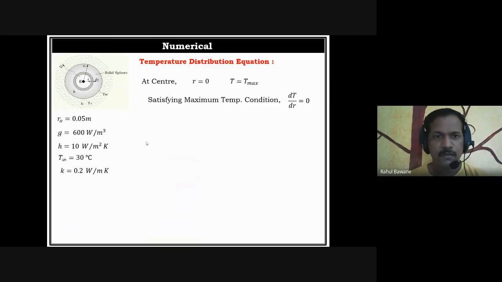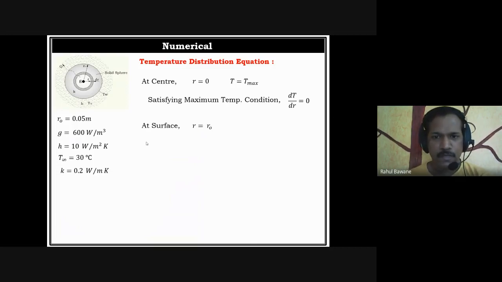Now at the surface there are two parts. Whatever heat is conducted from the source to the surface, that much heat will be convected out with the help of the convecting fluid from the surface. Definitely it is at steady state condition. We are assuming everything at steady state.